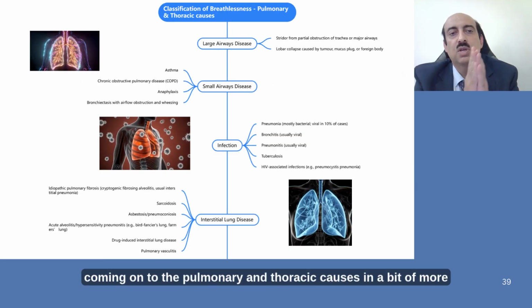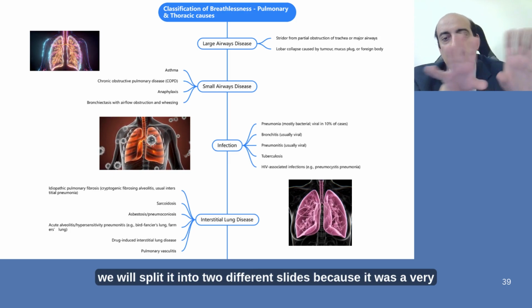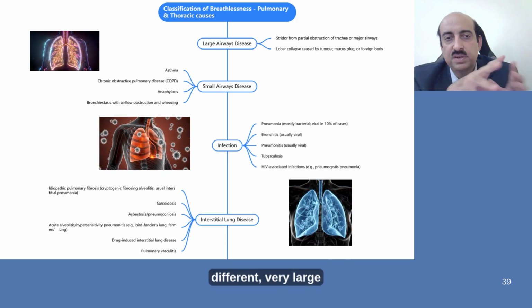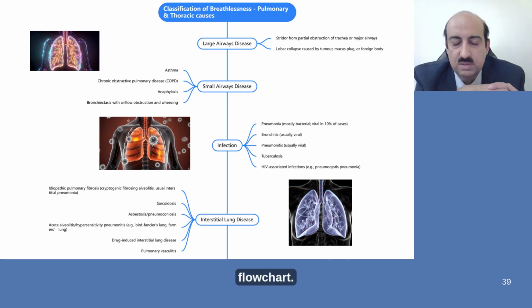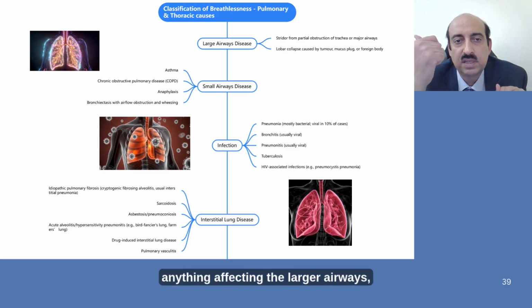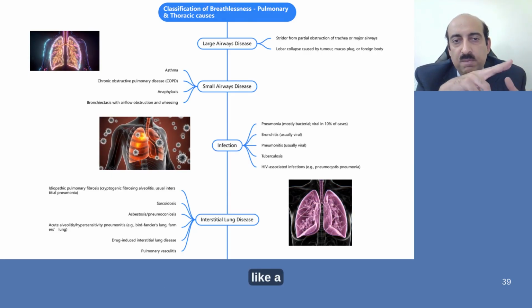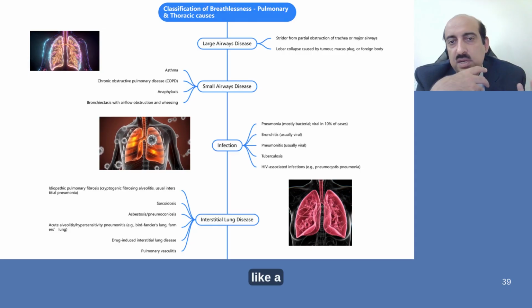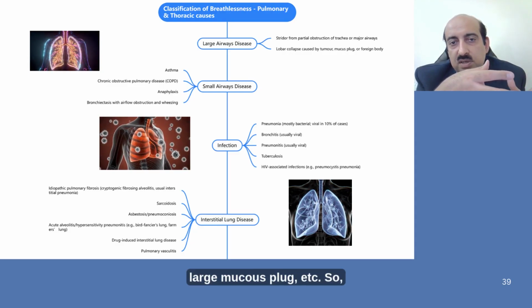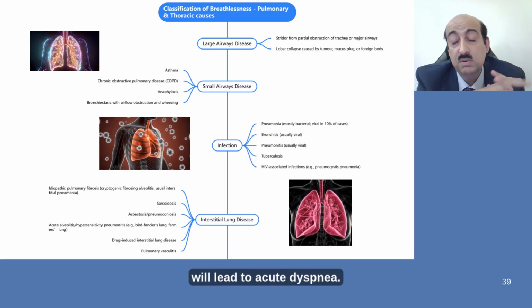Excellent. So coming on to the pulmonary and thoracic causes in a bit more detail, we will split it into 2 different slides because it was a very large flow chart. Firstly, large airway disease, anything affecting the larger airways, trachea, bronchi, with foreign body, and like a large mucus plug, etc. So any stridor from the partial obstruction of the trachea or upper airways will lead to acute dyspnea.